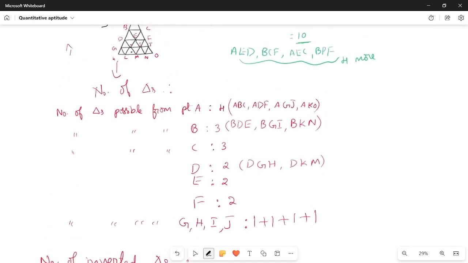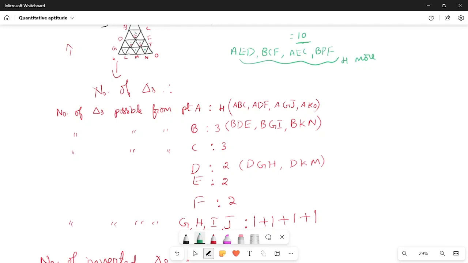So this is one such triangle. I'll take some other color. So this is one such triangle, and another one, and from this one more. Then I'm considering inverted ones, so this one and this one and then this one.